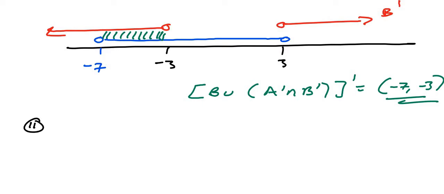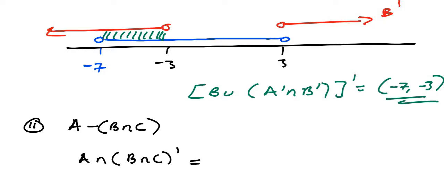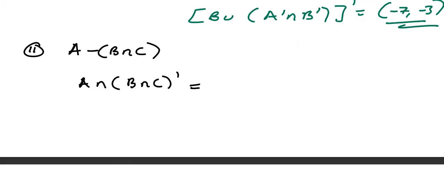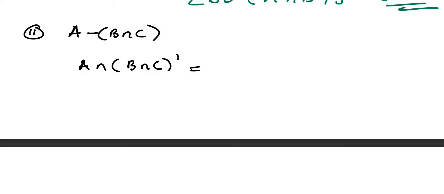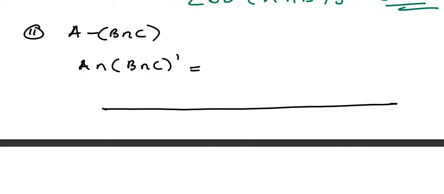Then we can proceed to just try it out. So this is number 2 on A. It was A minus, then there was B intersection C. This is what you have. So now we're going to try it out on the number line. We know what your A is. We can start with B intersection C. B is -3 to 3, closed on both ends.